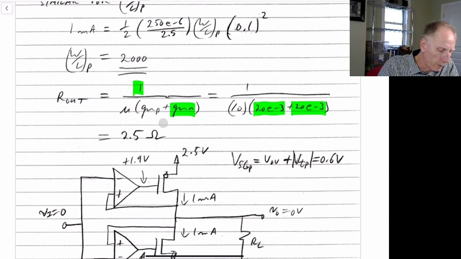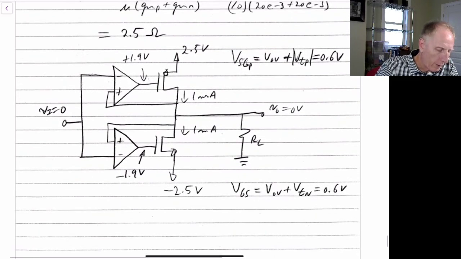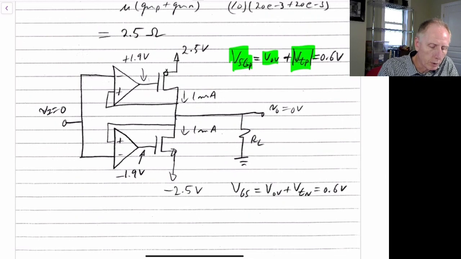So it's fairly small. So finally, if we look at the actual voltages then, VSG will be the overdrive voltage, which we said was 0.1, plus our threshold of the PMOS transistor, which is 0.5. So we have VSG equal to 0.6.